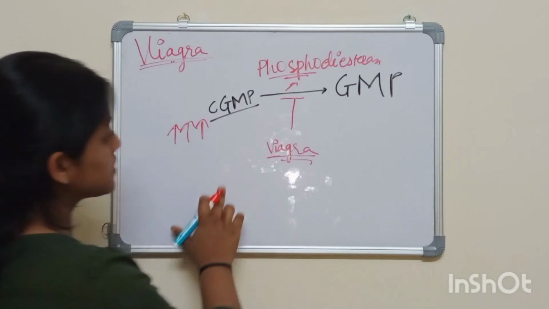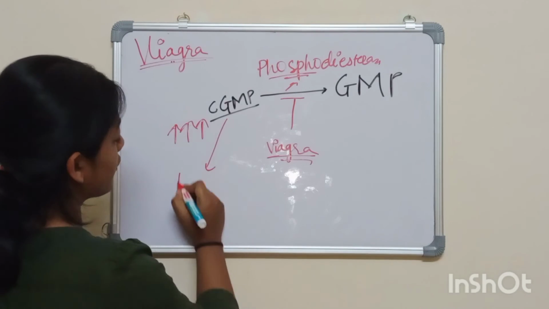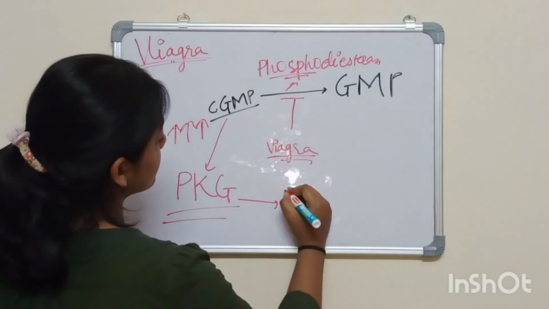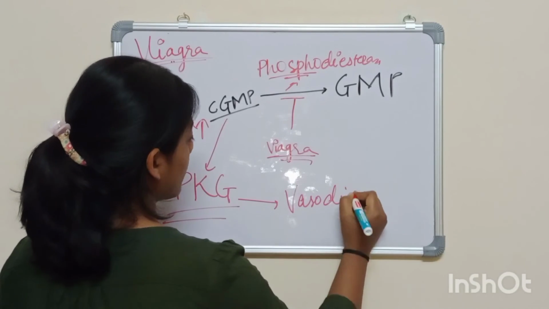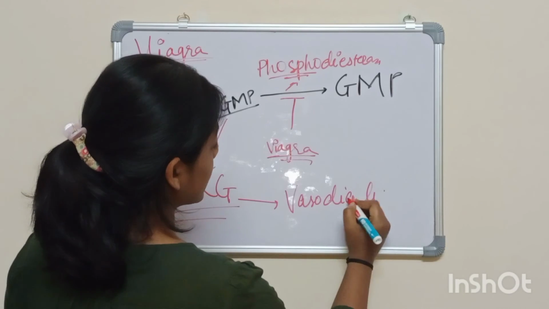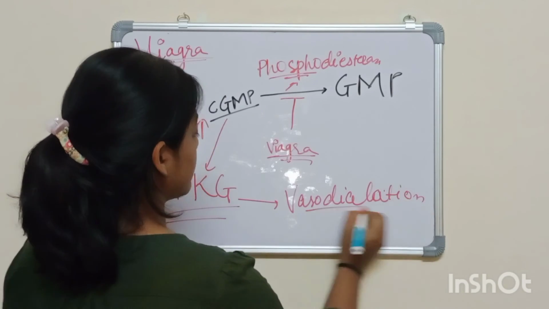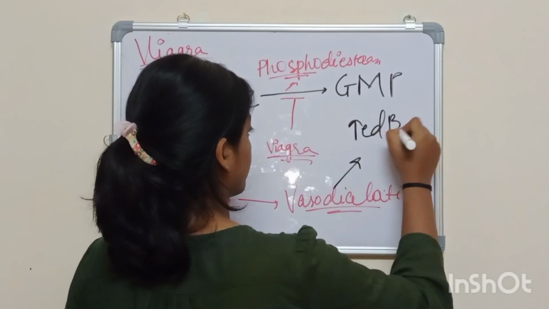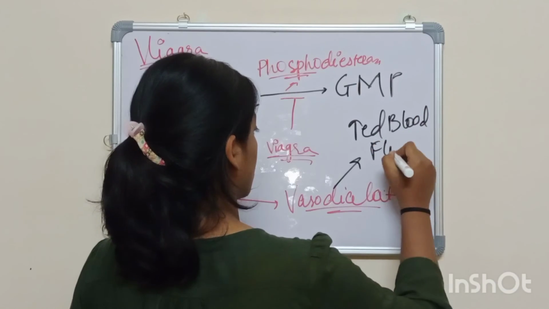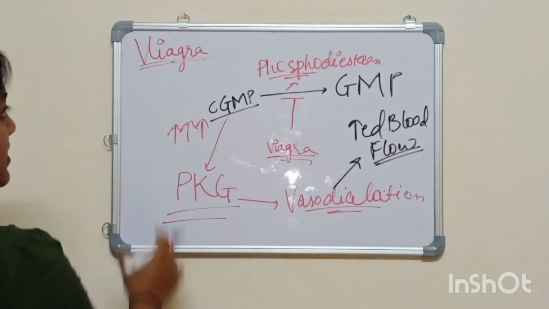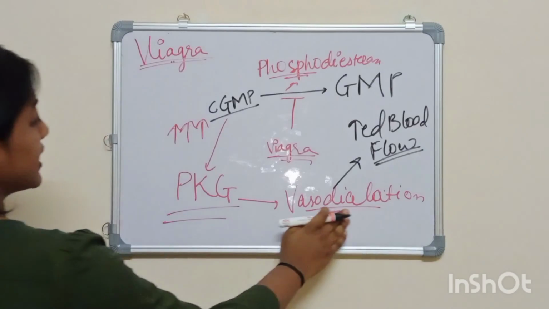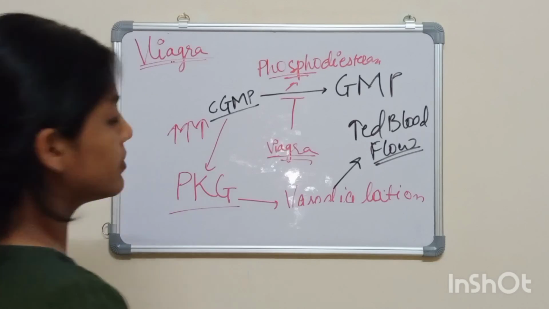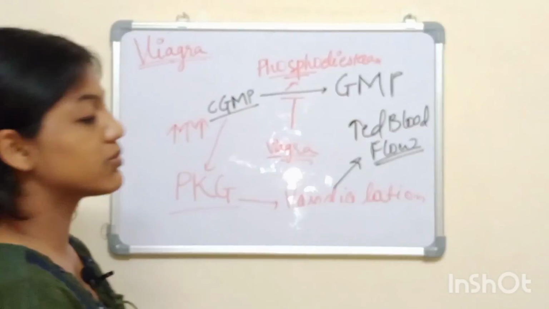Now as cGMP levels are high, it will cause activation of PKG, phosphokinase G, and if PKG is activated, vasodilation will occur. Vasodilation means increased blood flow. And so Viagra helps in penile erection. It helps to solve the problem in patients that have a problem in penile erection.